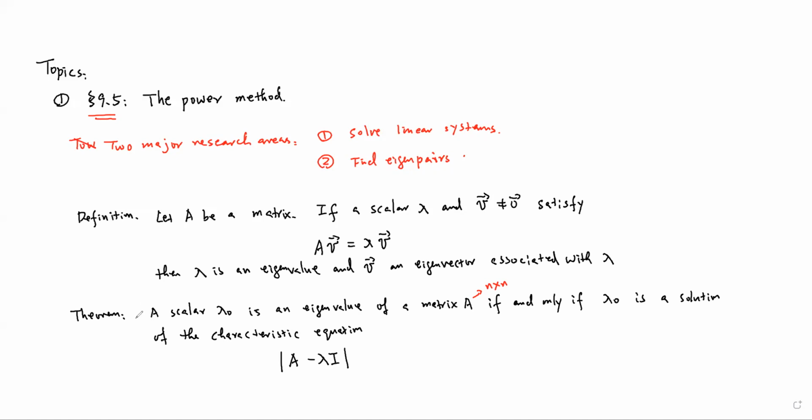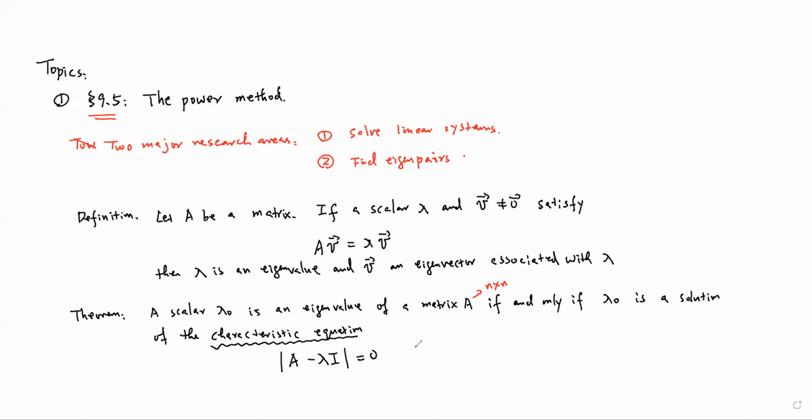So each n by n matrix has n eigenvalues. To find eigenvalues, solve the characteristic equation for the n zeros. Those zeros are all the eigenvalues of the matrix A. This is from linear algebra. Theoretically, we find eigenvalues in this way.